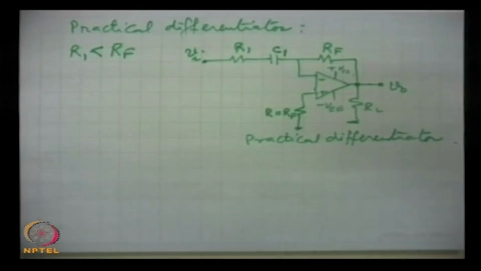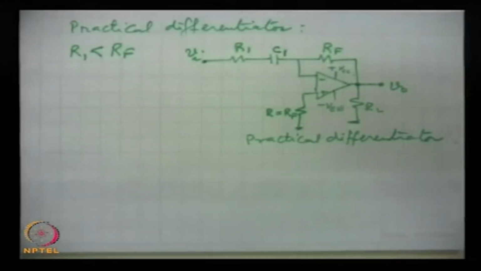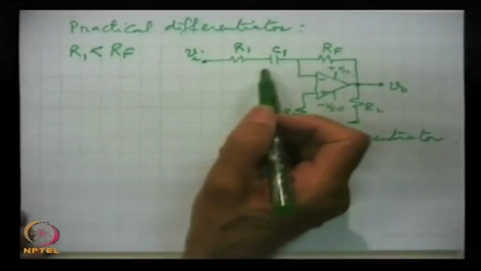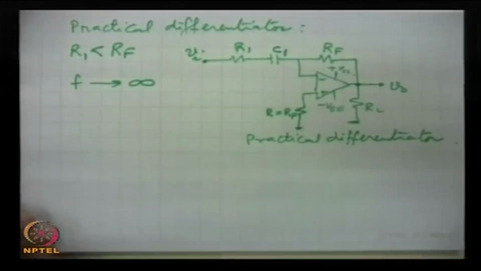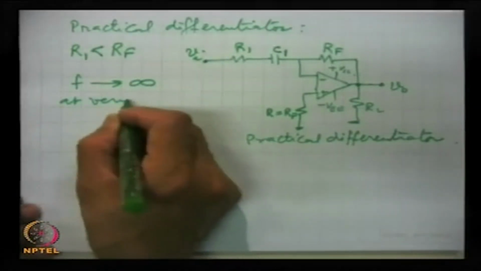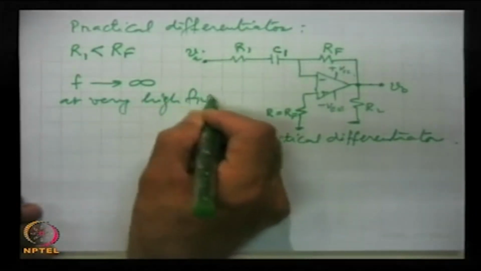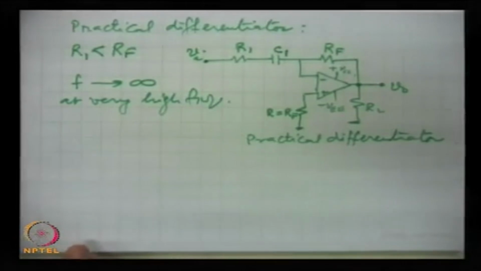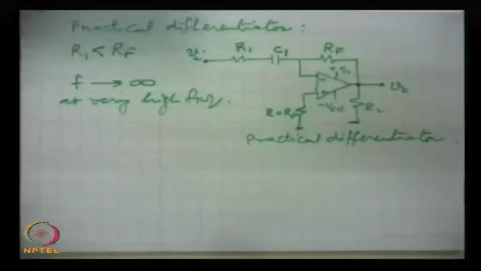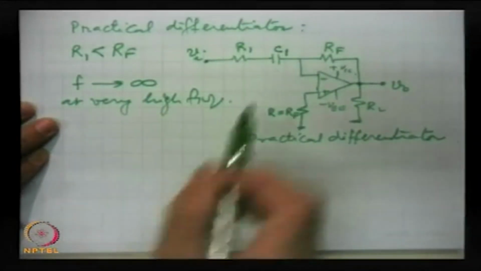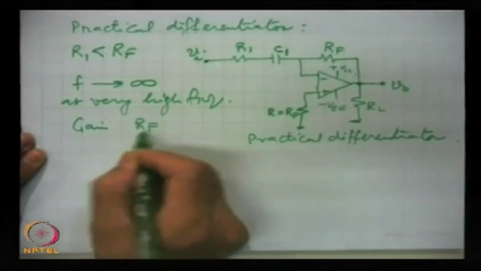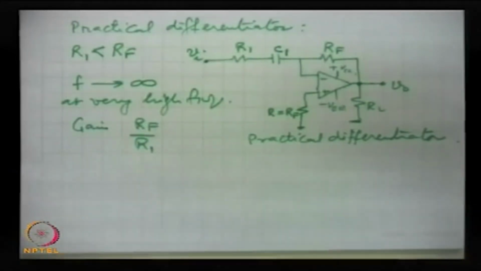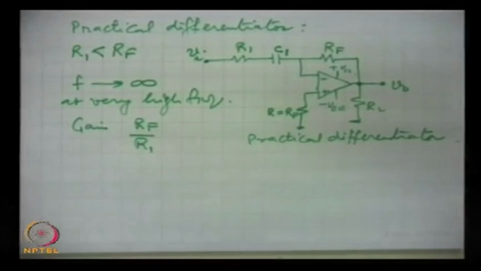And here now at very high frequencies, frequency of the signal tending towards infinity, here the gain was rising very fast with the fall in Xc. In this case, now when this is almost a short, then gain will be restricted to this, and this normally may be 10, 12, 15.